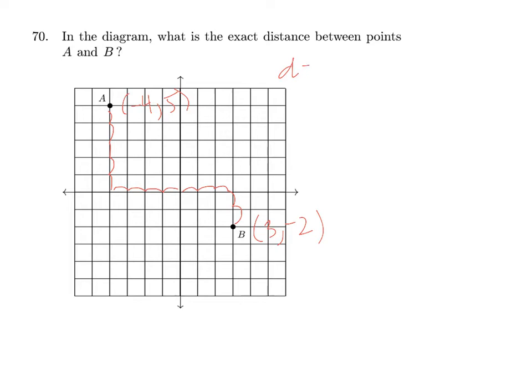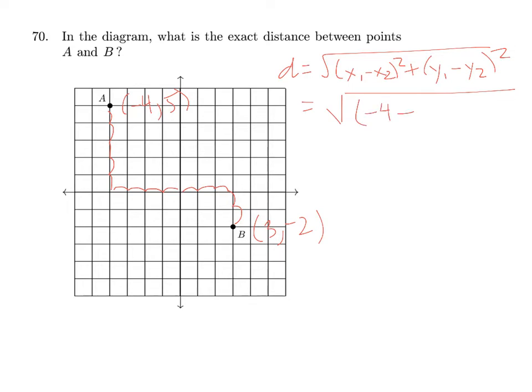Here's the distance formula. Just be really careful plugging in your values. x1 is negative 4 minus x2, which is 3, plus y1, which is 5, minus y2, which is negative 2 squared.